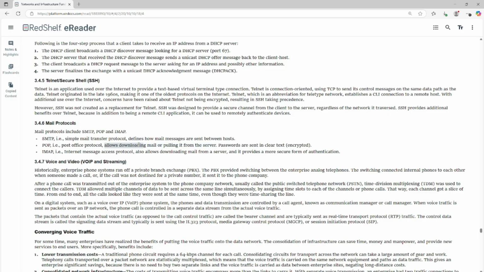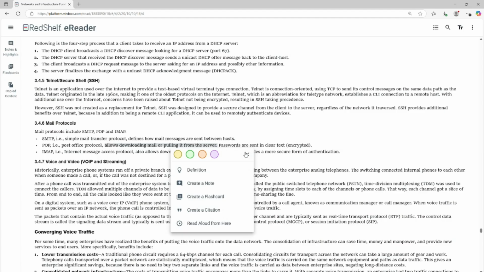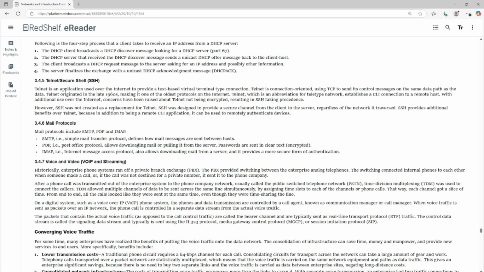Get that word. It interacts with the server. IMAP, on the other hand, which is Internet Message Access Protocol, allows downloading mail from a server and it provides a more secure form of authentication. So both POP and IMAP download mail from the server, but IMAP provides a more secure form of authentication.